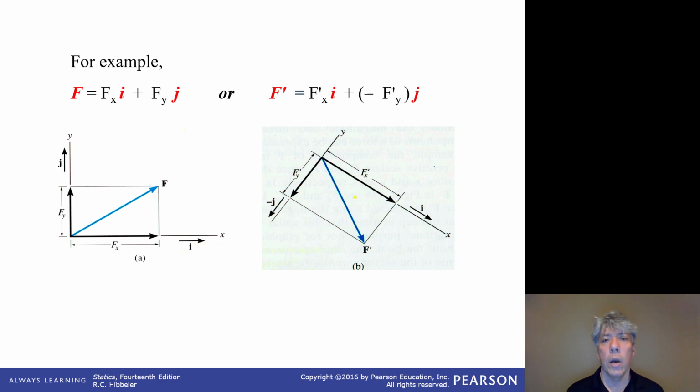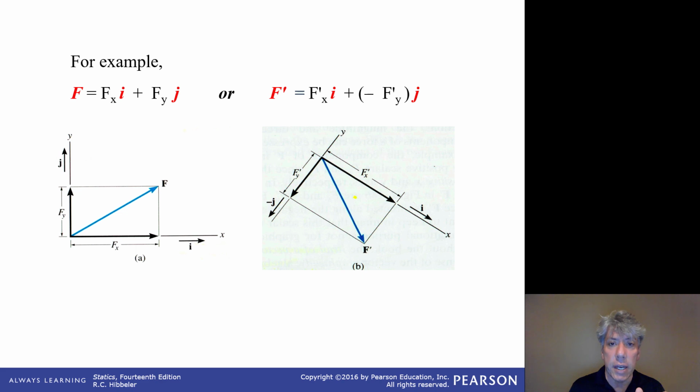A way of saying this mathematically is that the force vector F on the left-hand side of the equation, the red, bold, italic F, is equal to the force along the x-axis, and notice that direction is indicated by the unit vector i.